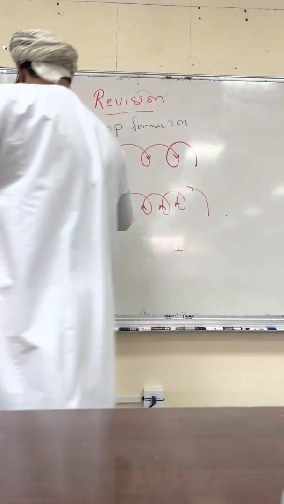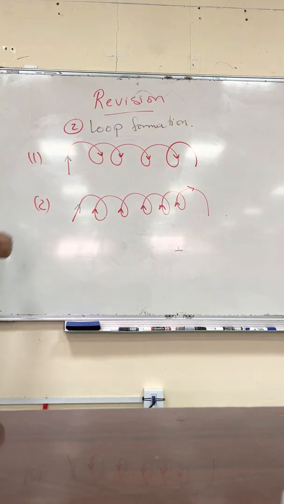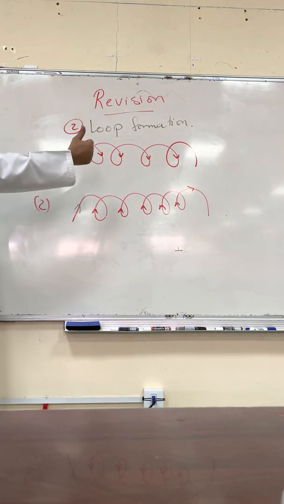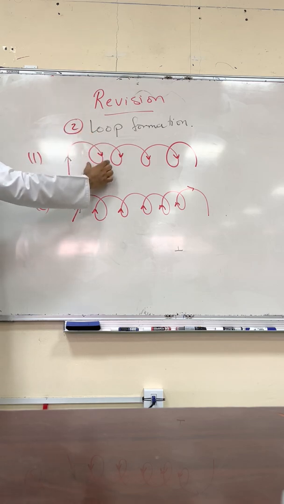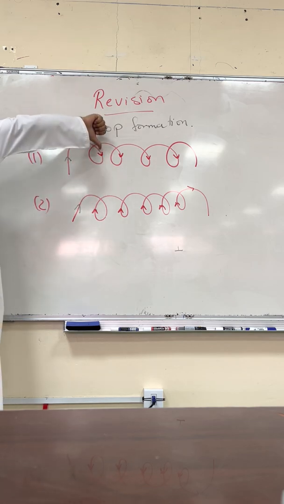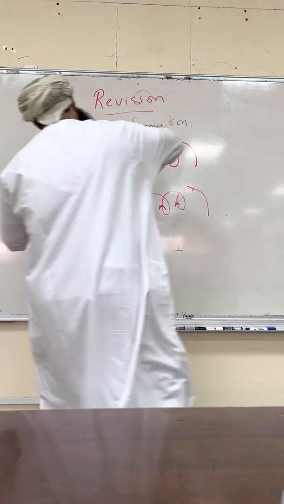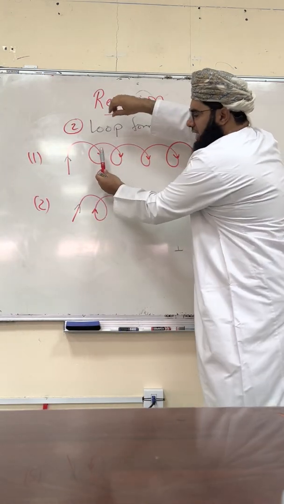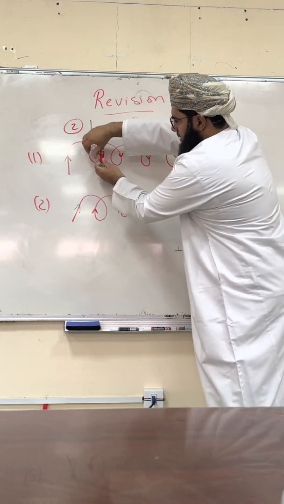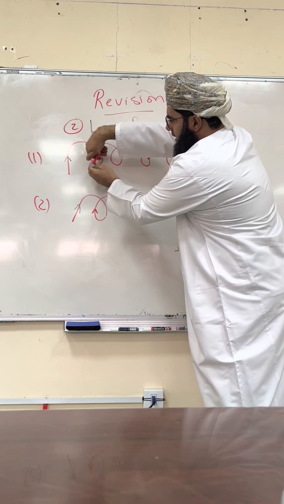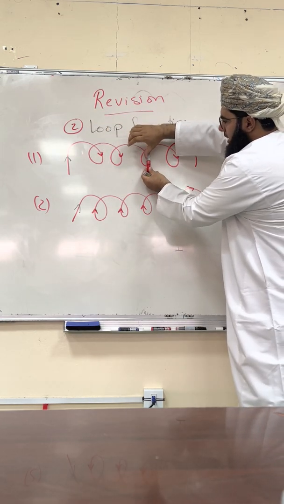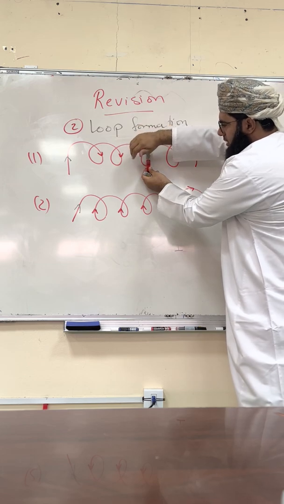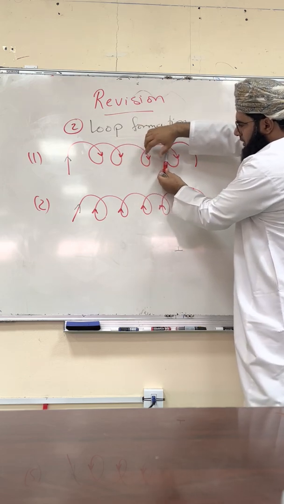Now you use your right hand rule, and make your thumb point in the direction of current. You take this loop only, the direction is going like that, and you are holding the wire, so the magnetic field will go inside. Here also, the current is going down, and the magnetic field is from here to here.